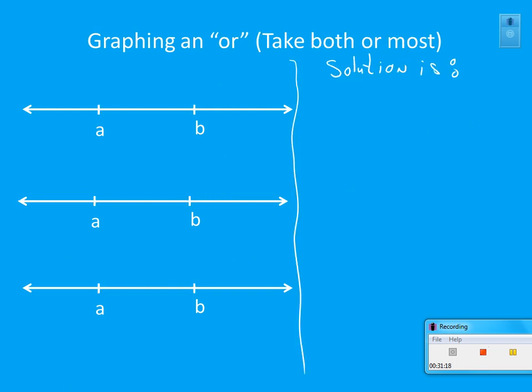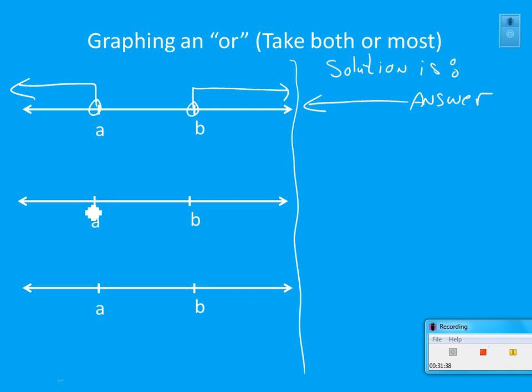Now on an OR statement, let me show you the three scenarios that can happen there. On an OR statement, you might get one branch going that way and the other branch going that way. If you do, that is your answer. If your branches go opposite ways, that's your answer.